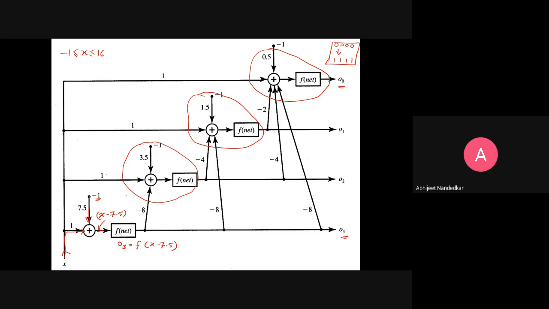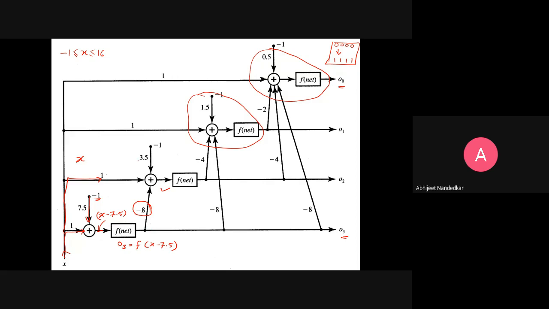Now when you go to the third neuron, what you see is that it is receiving the same input x, and there is one more term coming from the fourth neuron, that is minus 8 into O3.